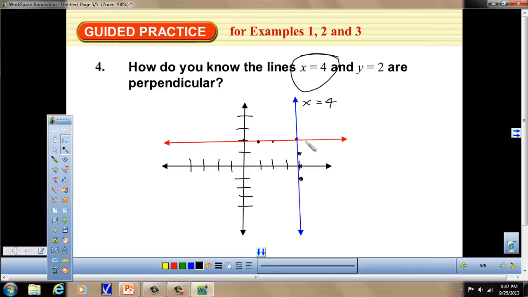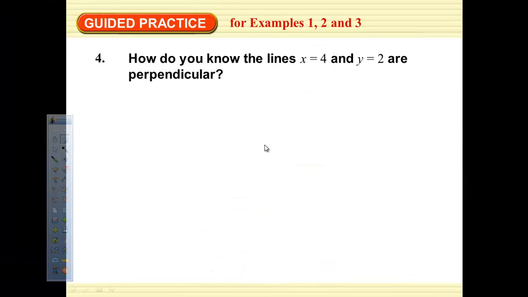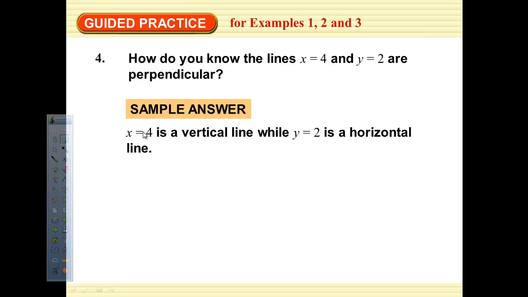And how do we know these are perpendicular? Well, if we have a horizontal line and a vertical line, those are automatically perpendicular. So again, this line is y equals 2, this line is x equals 4. Again, one's vertical, one's horizontal, that makes them perpendicular. And we're done here. Thank you.